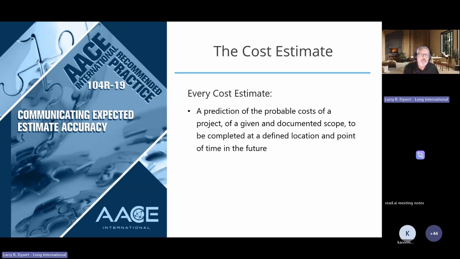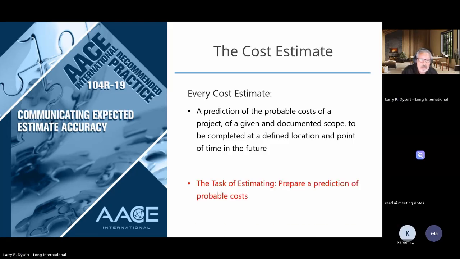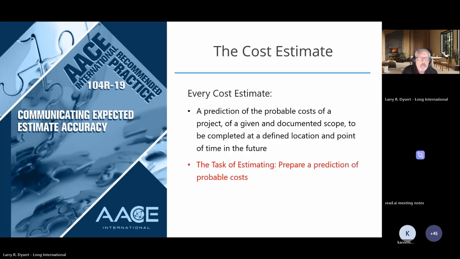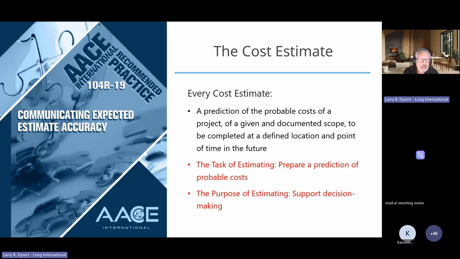What's important is when we understand that an estimate is a prediction of probable costs, our task of estimating is to prepare that prediction. But that's not the purpose of estimating. Although that's the task we try to accomplish, the purpose of estimating is always to support decision making. The estimate itself has really no value.